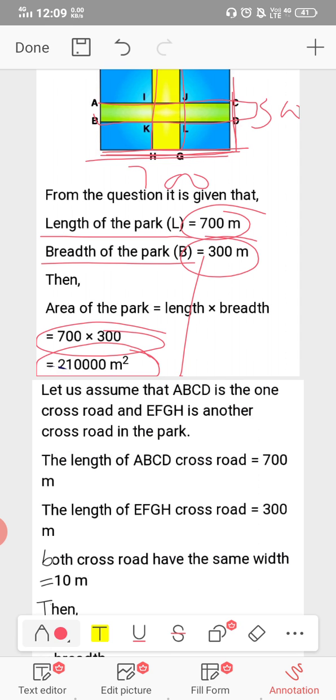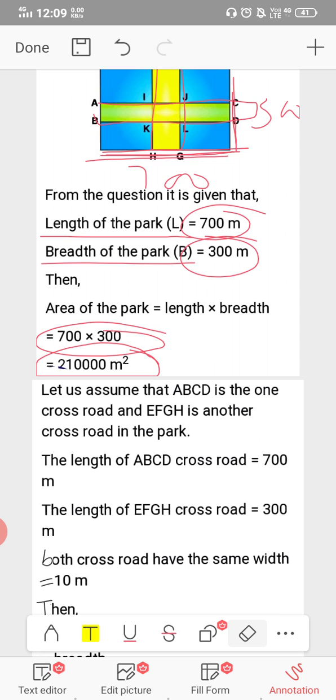It is already given that both the crossroads have a width of 10 meters. That means ABCD crossroad has a length of 700 but the width is 10 meter. Just like that, the crossroad EFGH has a length of 300 meter but it also has a width of 10 meters.